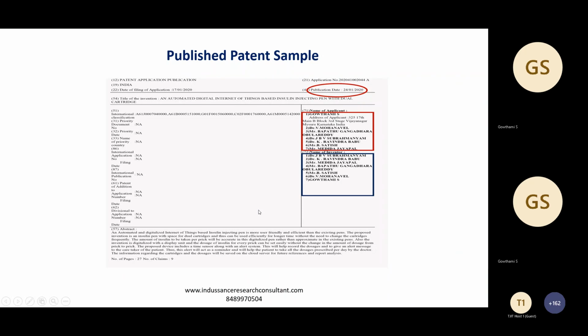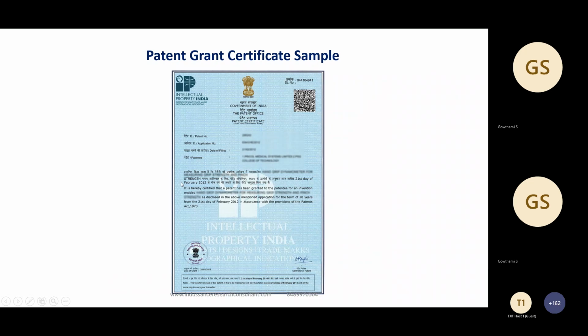No certificate will be given. The only proof is this journal document, and in the status you can check whether your application is filed or published. That I will also show you in the login session. So this is how it looks. I hope I answered all the questions.